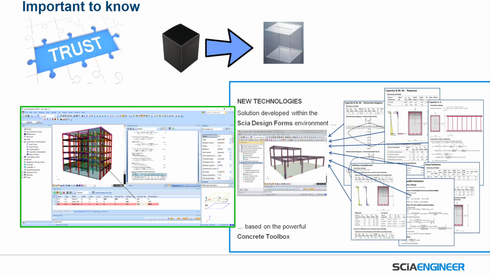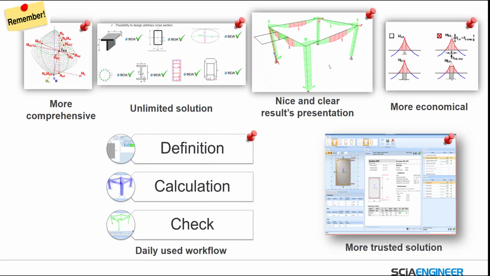This can help you to understand your solution, or it could make communication easier with other companies who are dealing with you. All these points I would like you to remember when you test SCIA Engineer, when you try to use SCIA Engineer, and I hope you enjoyed this webinar.